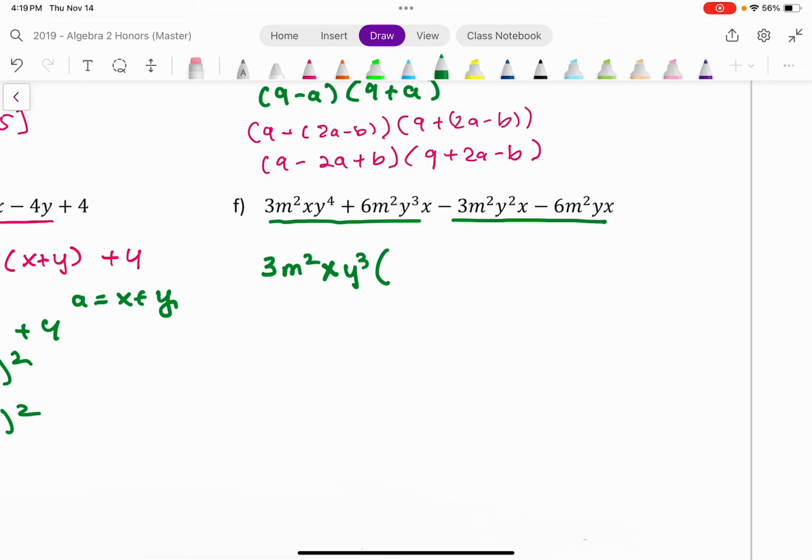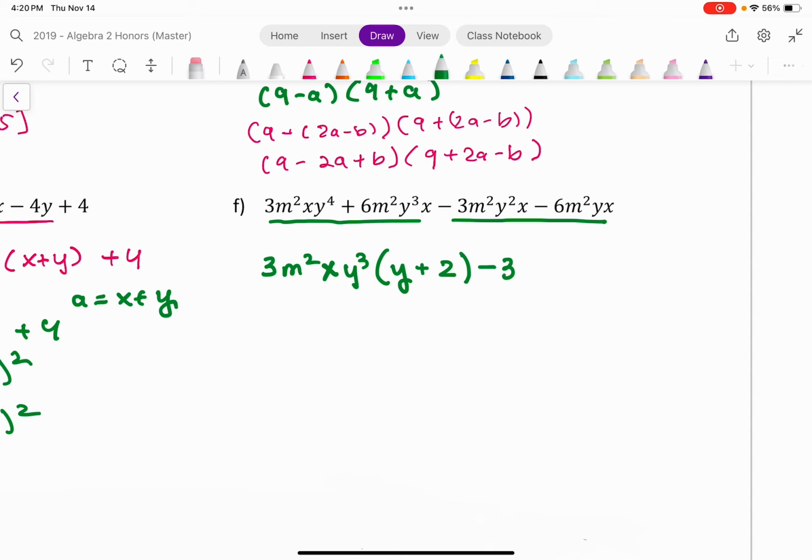And that leaves me with, I'm just left with a y in the first one, plus a 2. I think we got everything there. The second one, because the leading coefficient is negative, I'm just going to take out a negative.